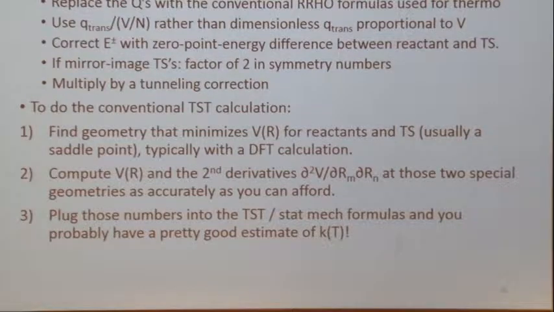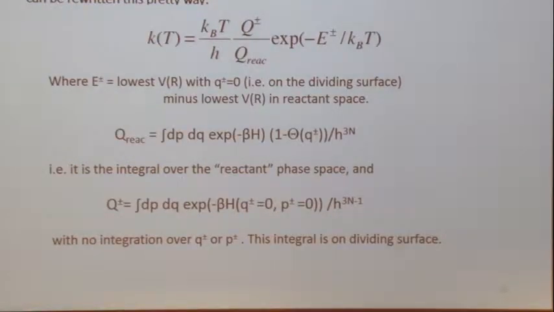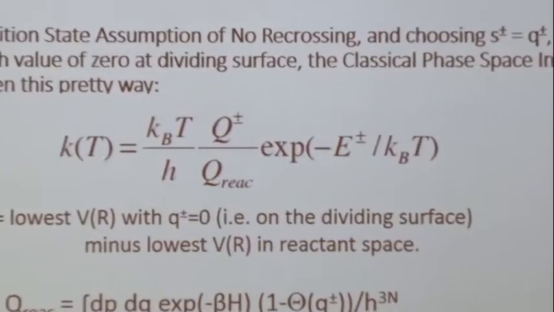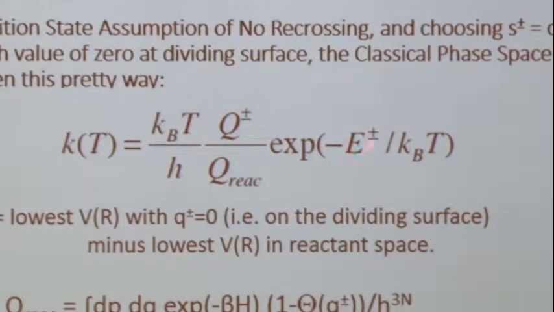So if you look back at the formula, where was the formula? Here. I need Qs and I need an E. So the Qs are from vibrational frequencies. The E is from the energy difference between the reactants and the barrier height.